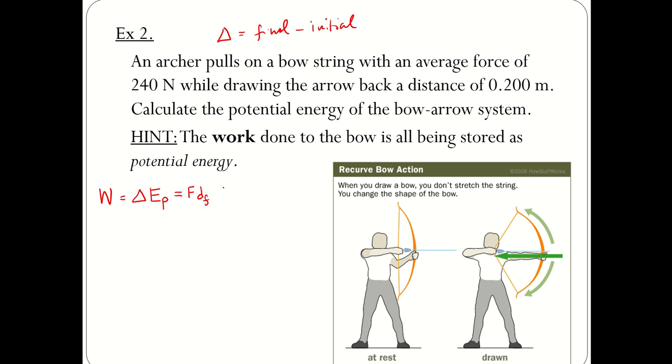If you want to show extra steps, you can do it this way: you have your final distance times the force, and then the initial distance times the force, so D naught.